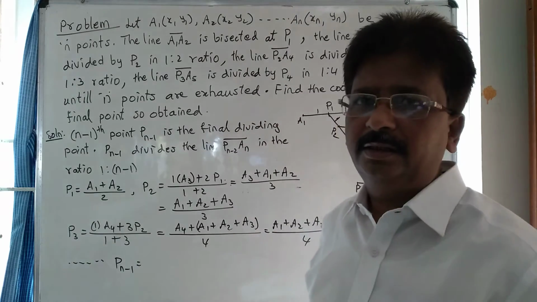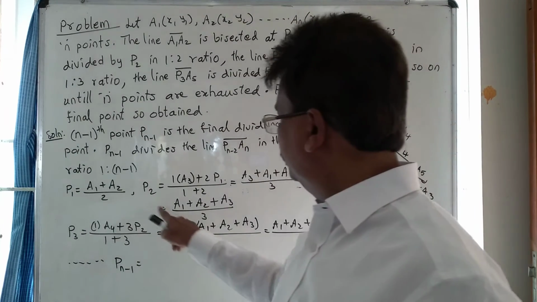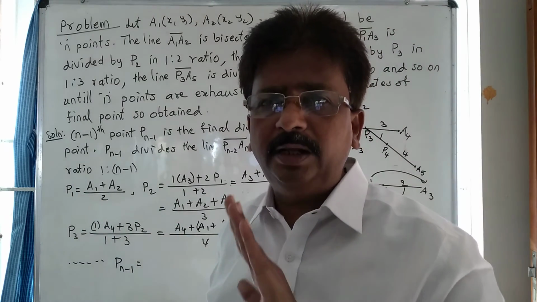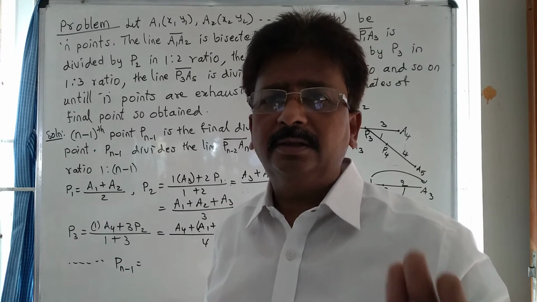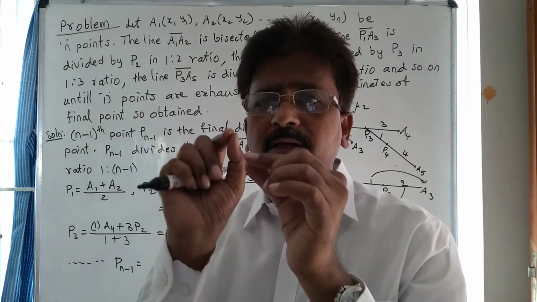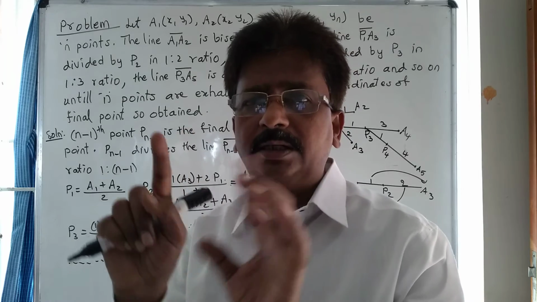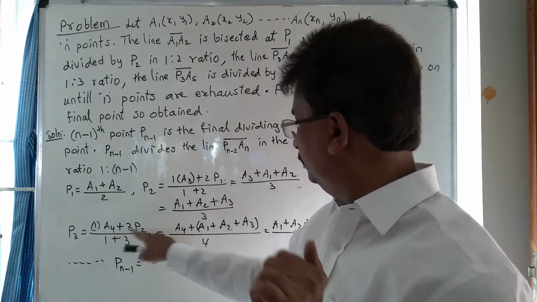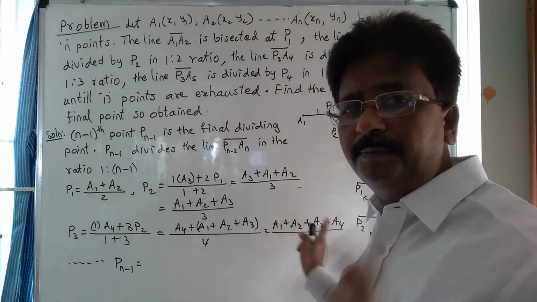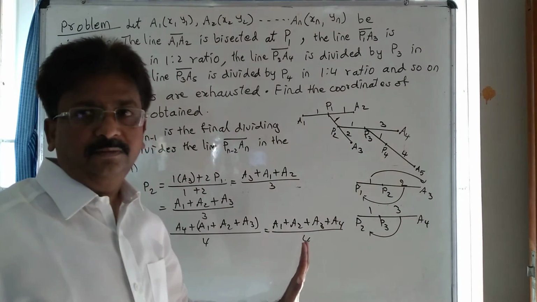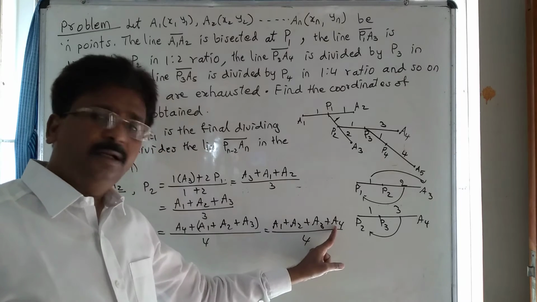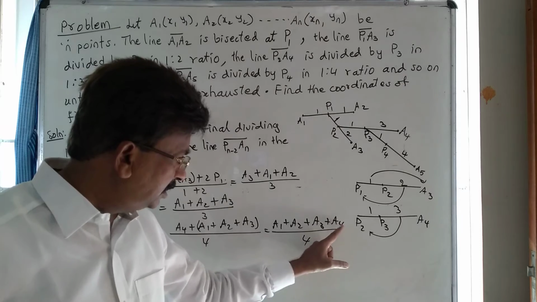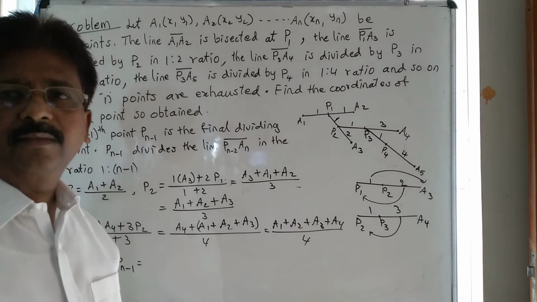Clear. Next, at the numerator, in any P1, P2, P3, P4, in every dividing point, A1 is the starting point, next A2, next A3 and so on. So in P3 also, starting A1, A2, A3 up to A4, the denominator number and the final A suffix number are the same.